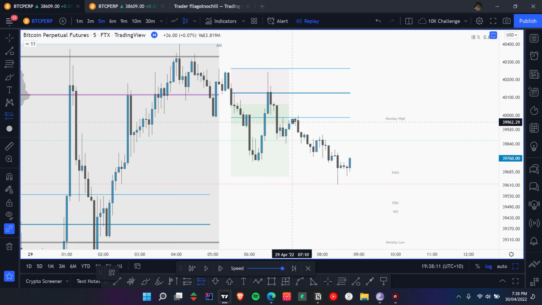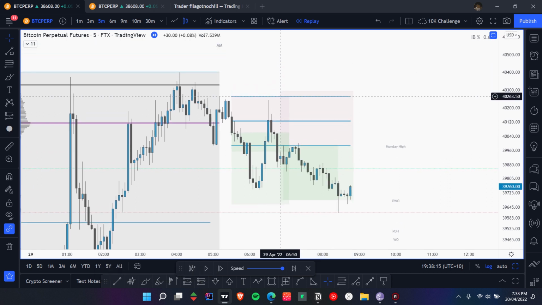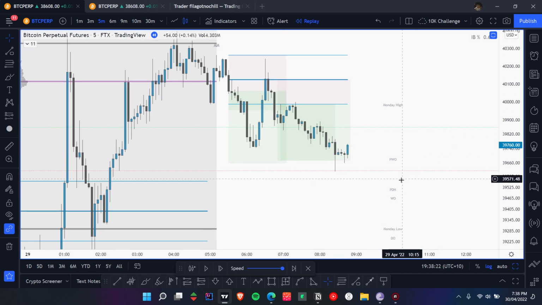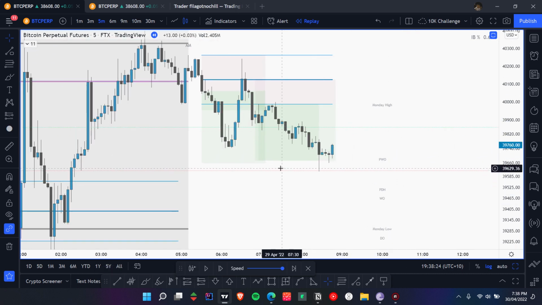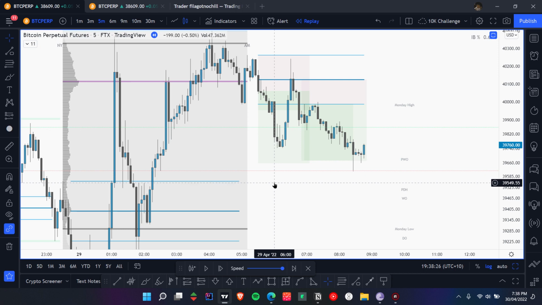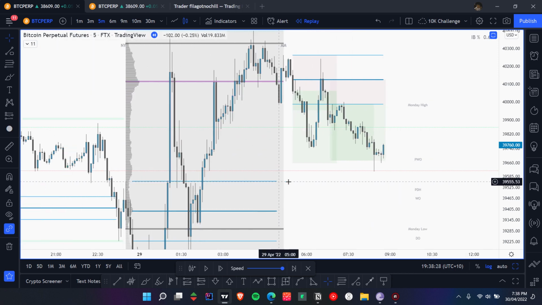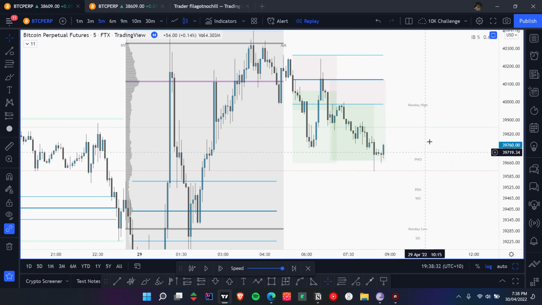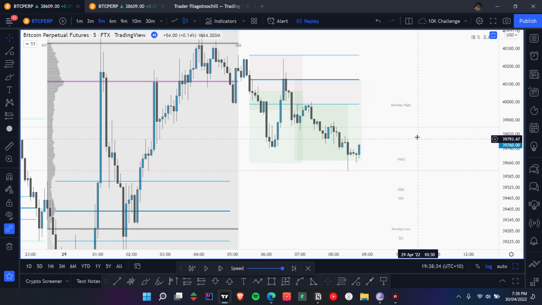Once the initial balance got tested, breakout, we tested this zone. I took it on to the previous week open. And basically I closed my position here. Now that's about it.